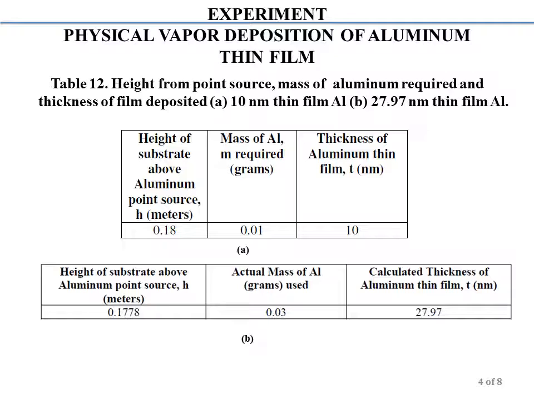In the actual experiment, at 0.18 meters approximately, the actual mass used based on physical limitations was 3 times what we initially wanted to do, which was 0.01, so it's 0.03, and so we have almost a scalable thickness theoretically, as shown in experiment: 27.97 nanometers of aluminum deposited.